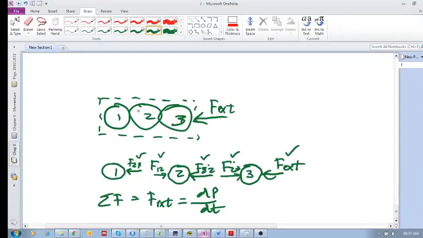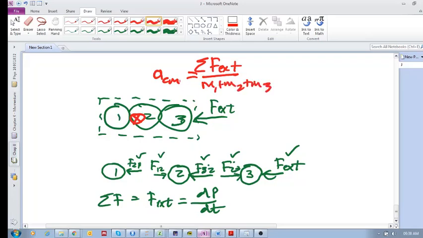So in the same way with this system, even though you've got three objects interacting, moving within the system, somewhere in the system there's a center of mass, and the acceleration of this point is equal to the external force, or if there's more than one external force, the sum of these external forces divided by the total inertia, m1 plus m2 plus m3.